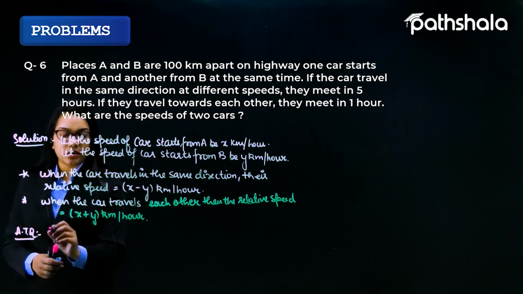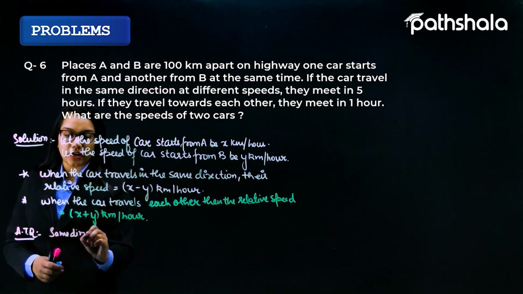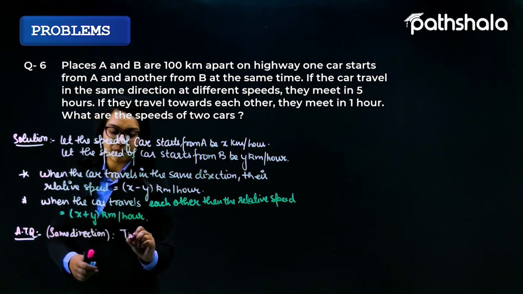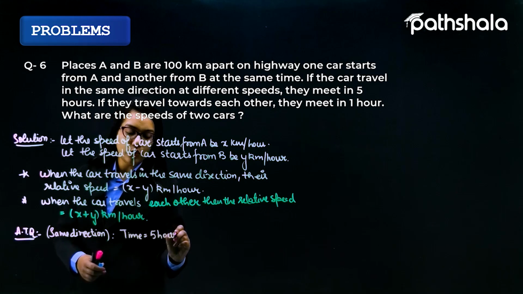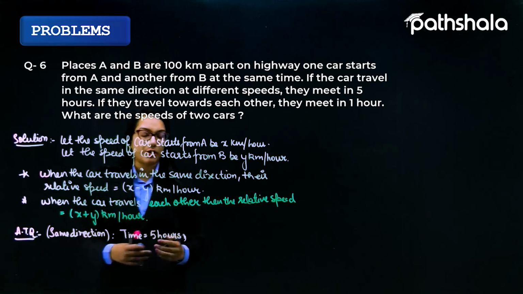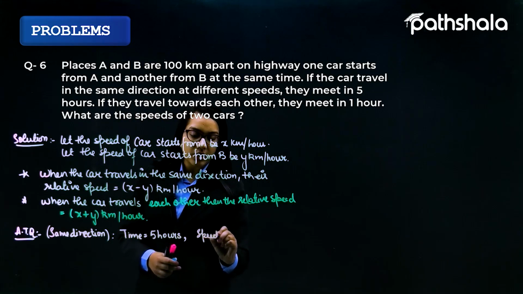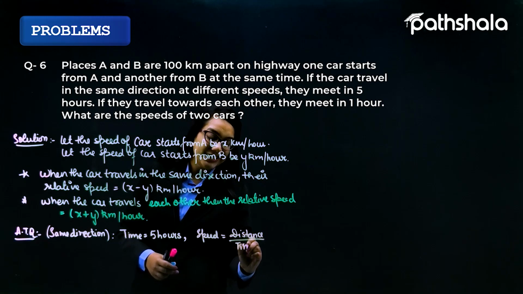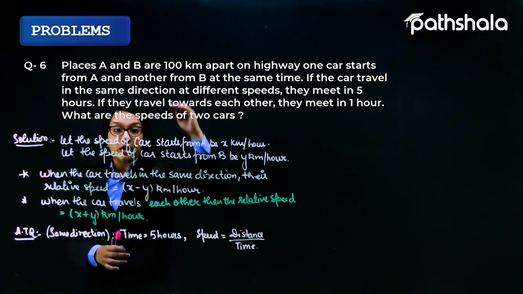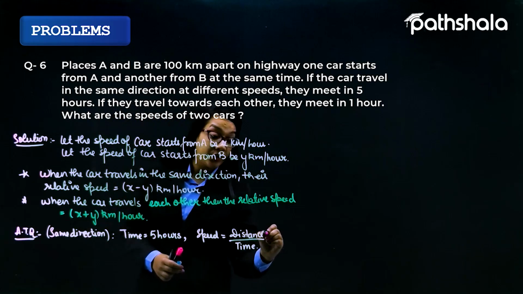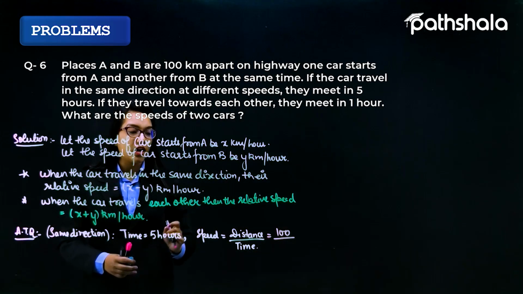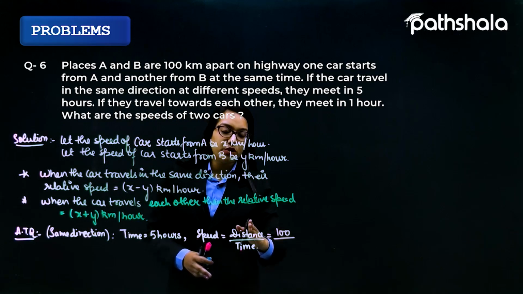We know the relation between distance, time and speed: speed is equal to distance upon time.